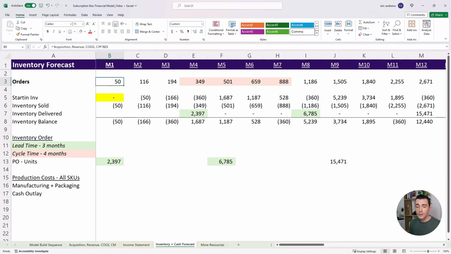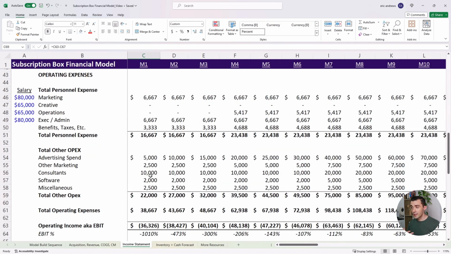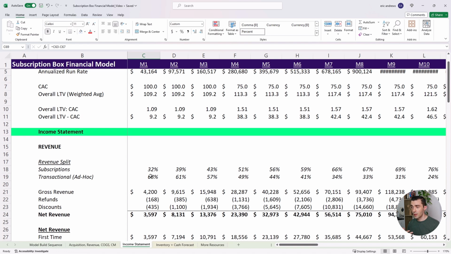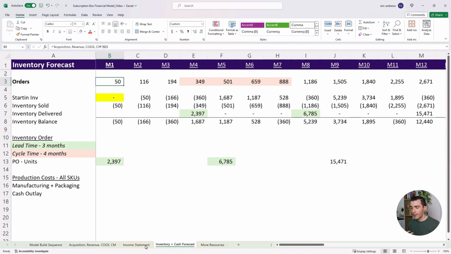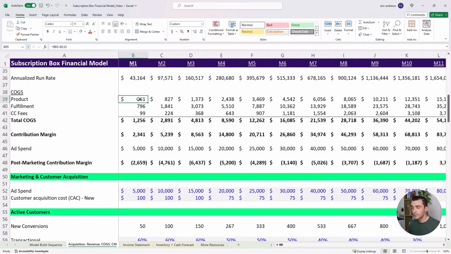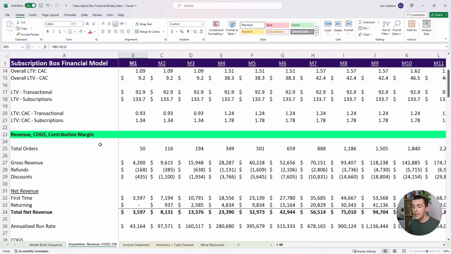Okay, so first things first with your inventory forecast, what you need to do is just pull in your orders. You need to know how many orders you're forecasting that you need to fulfill. Fortunately, we can get that straight out of our income statement. We've already projected total orders. If we go into our acquisition model, you can see here we've added up all the orders.